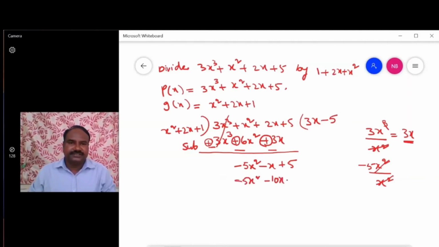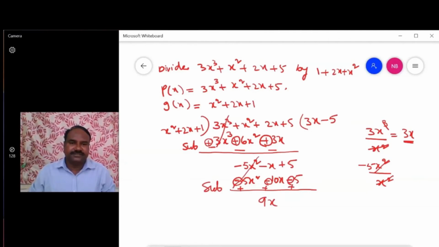Minus 5 into plus 1 is minus 5. So you subtract this: minus becomes plus, minus becomes plus, minus becomes plus. This minus 5x square plus 5x square gets cancelled. Minus x plus 10x is 9x, and plus 5 plus 5 is plus 10.